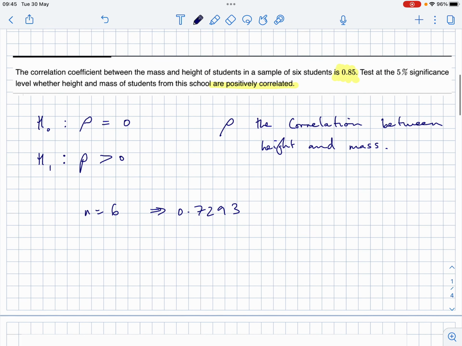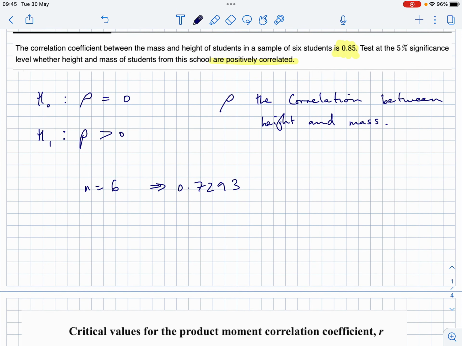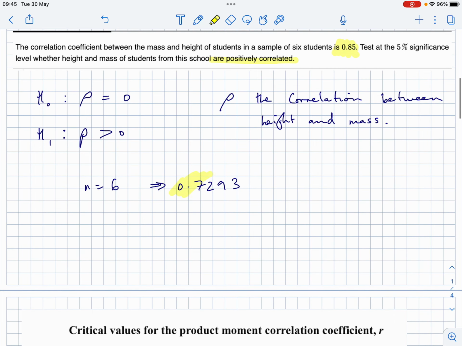Now this is the bit where it's slightly different to the other tests. We need to think of that value as the minimum standard that your sample has got to meet to say that it's correlated. So our sample definitely meets that standard. In fact, it's better correlated.